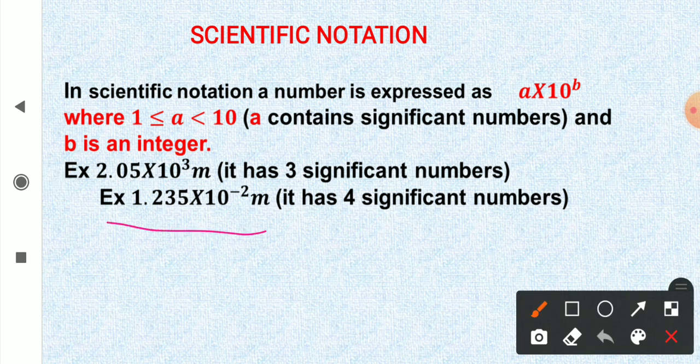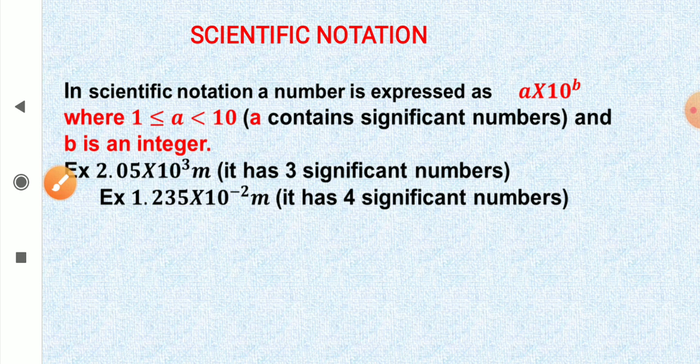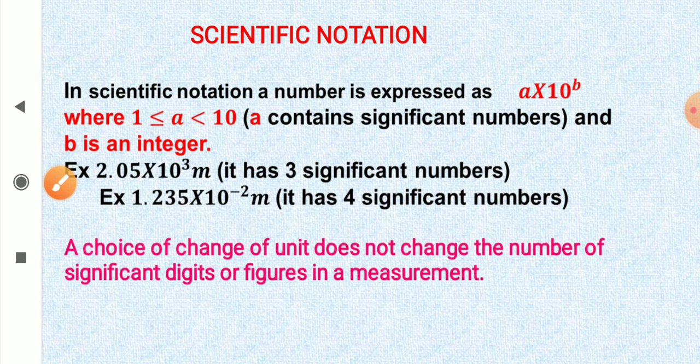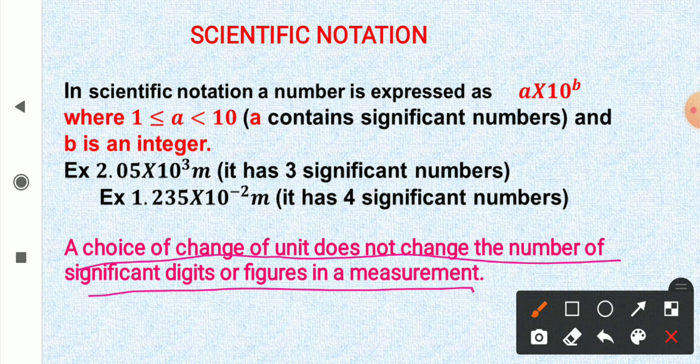If you look at another example, say 1.235 into 10 raised to the power minus 2, then this number lies between 1 and 10 and it has 4 significant figures. And a change of unit does not change the number of significant figures in a measurement.